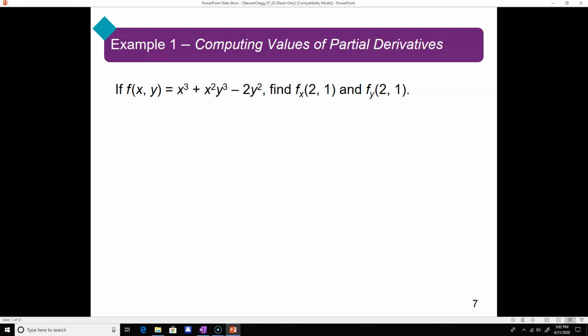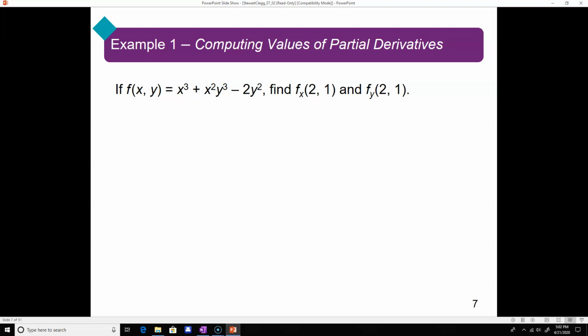So if we look at this function right here, x cubed plus x squared y cubed minus 2y squared, if we were going to take the derivative with respect to x, you're going to treat all the y components as constant. So if we look at the partial derivative with respect to x, we would expect the derivative of x cubed to be 3x squared.